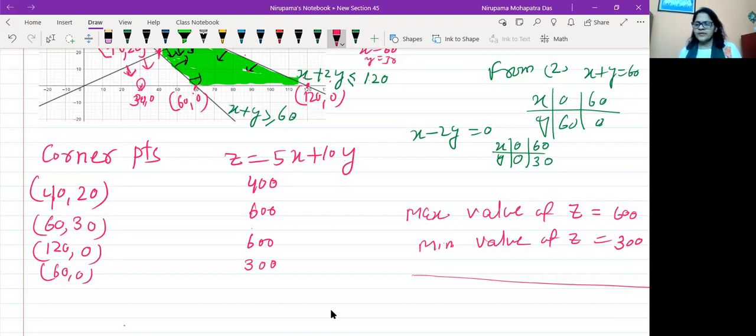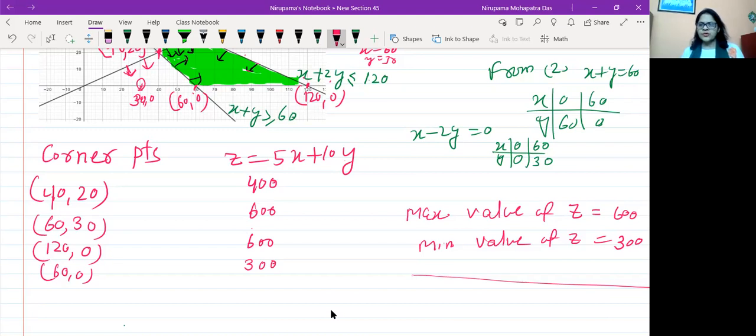One category is the line passing through the origin. The second category is the line that doesn't pass through the origin. Accordingly you can draw the graph and shade depending upon greater than or equal to, less than or equal to, like that. If the line doesn't pass through the origin, then the origin can be taken as a landmark.